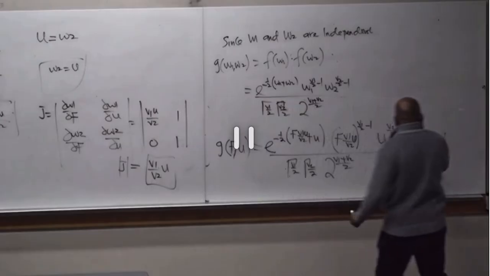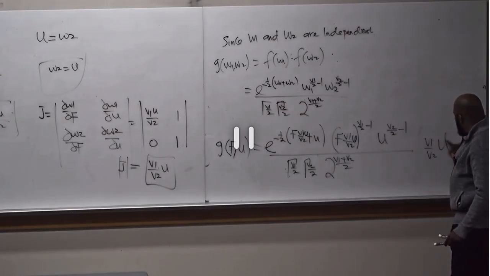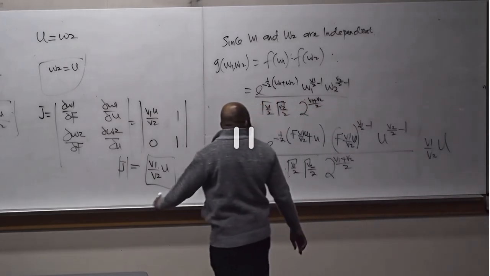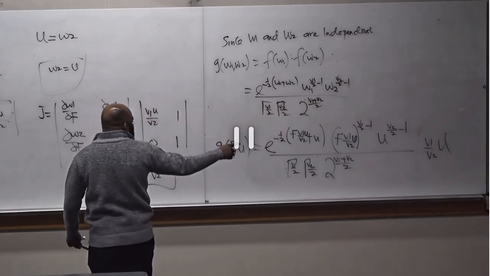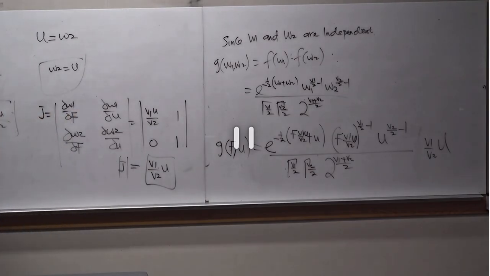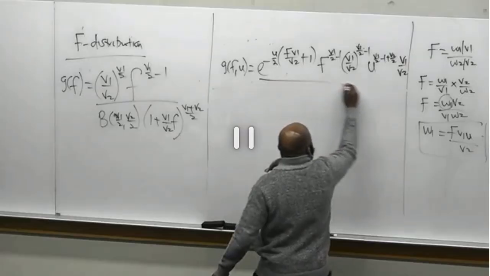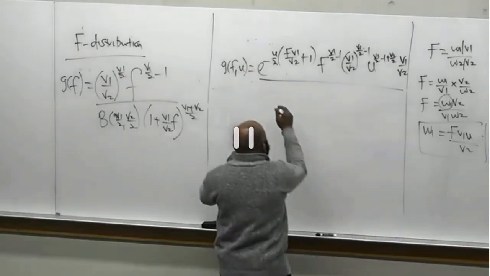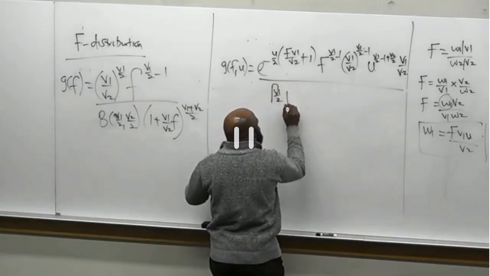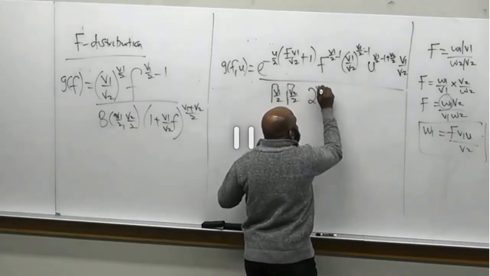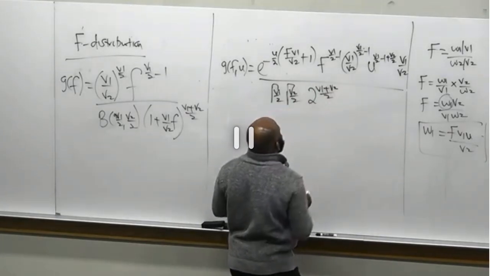V2 over 2 minus 1, we cancel plus 1 here. So I'm only going to be left with that. Then V1 over V2, V1 over V2, then divided by gamma V1 over 2, gamma V2 over 2, 2 raised to the power V1 plus V2 over 2.